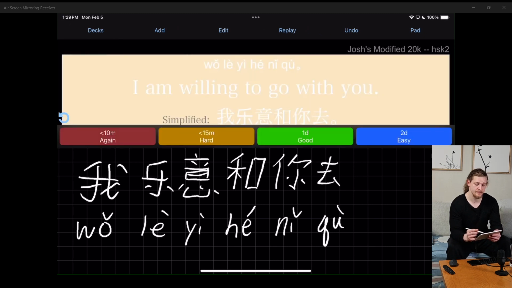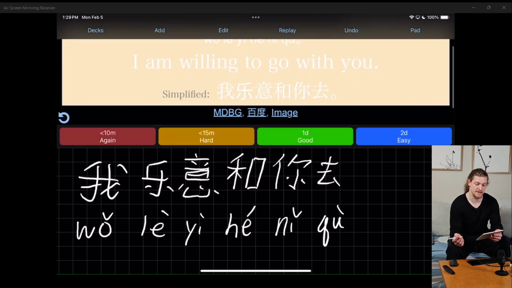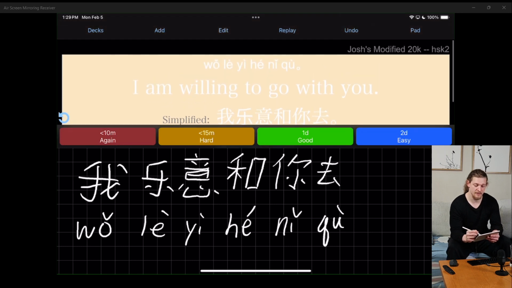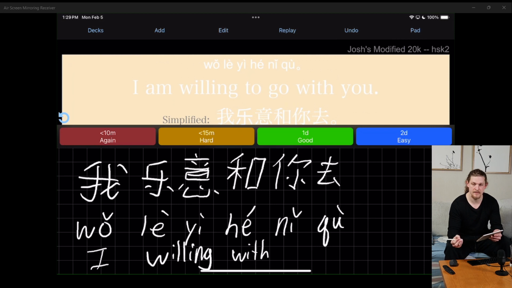我乐意和你去. All right, so we can see that we have gotten this correctly. 我乐意和你去. So 我 means I. 乐意 means willing. 和 means with. 你去 means you go.